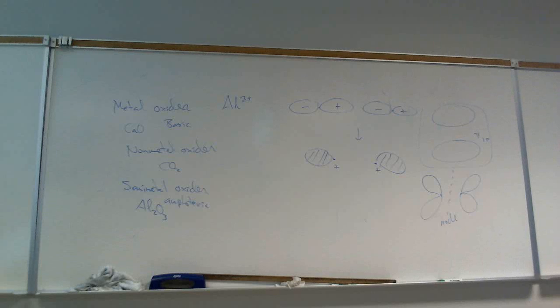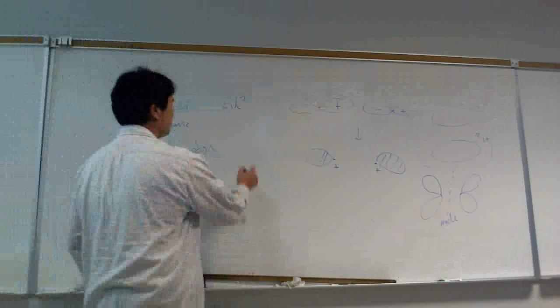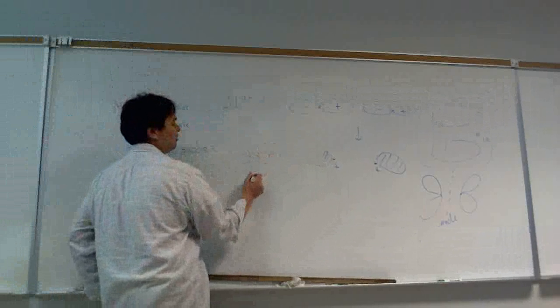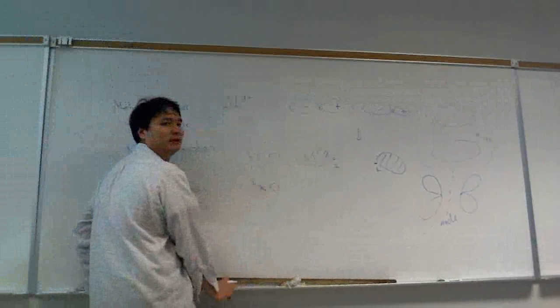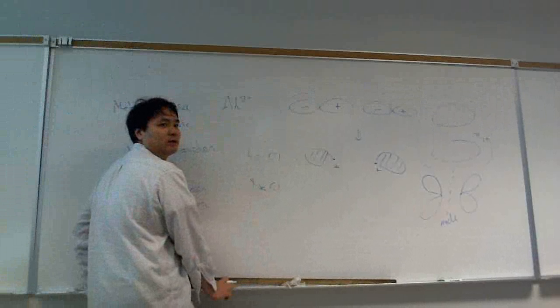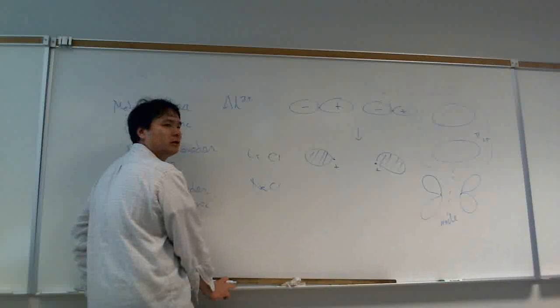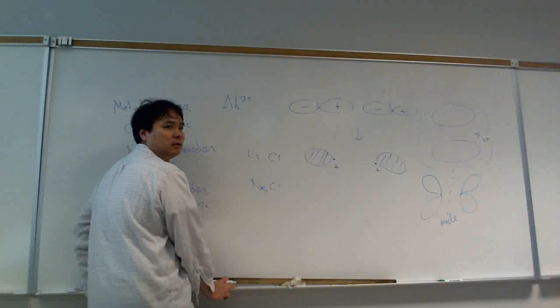I don't know if you guys remember this. I did examples earlier, lithium chloride versus sodium chloride. Which would you expect to have a stronger bond, lithium chloride or sodium chloride? Why?